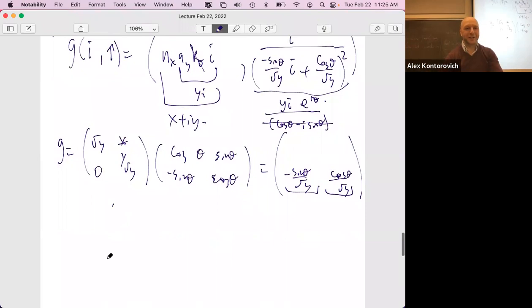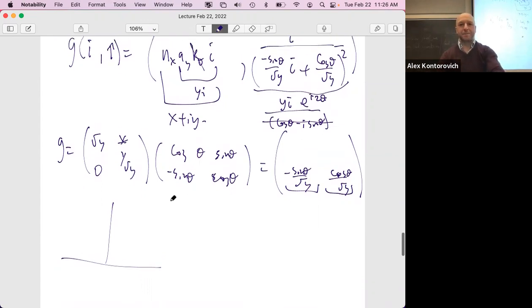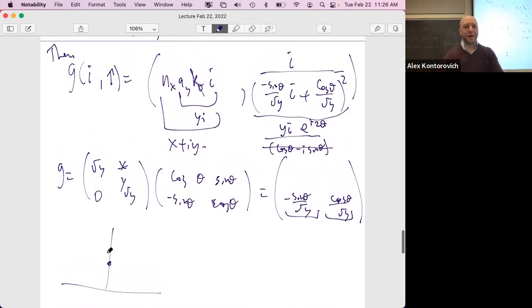So in other words, the action, if I had some point z, well, squared, thank you. 2 theta. The angle is still arbitrary, but you're absolutely right, it doubles the angle. So if I start with i, and g moves me to some gz, what's the angle?